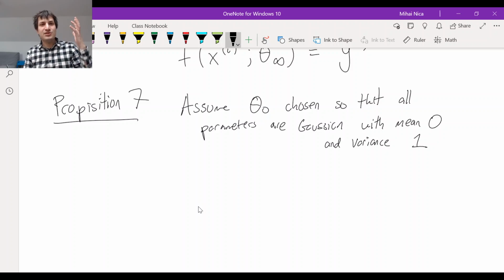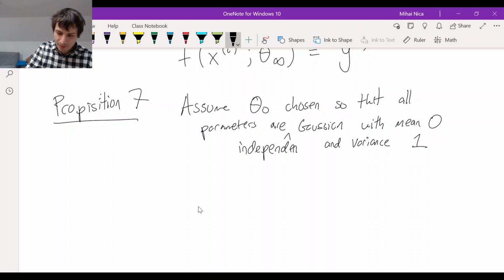Some people call this a standard Gaussian. So all of the parameters have mean 0 and variance 1, and they're independent. Maybe I should add that. So they're independent Gaussians with mean 0 and variance 1.